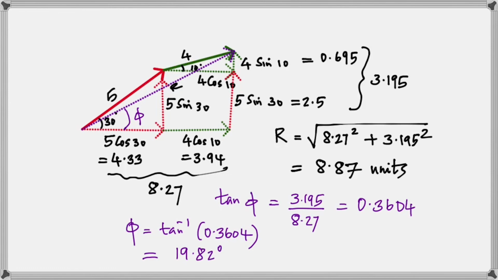Did you put it correctly, like 0.3604? Are you taking tan inverse or did you hit cosine or something? Tan inverse, yeah. Why is it so much different? When I did the dividing first, I got, oh my goodness, I made a mistake here. This was 0.3863. And when you take the inverse of that, what do you get? 21.4.